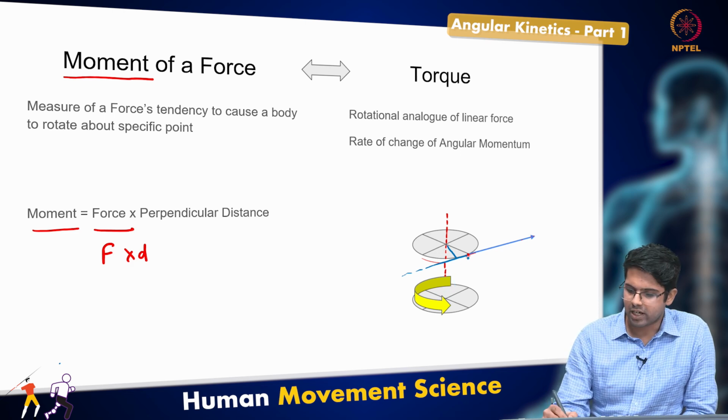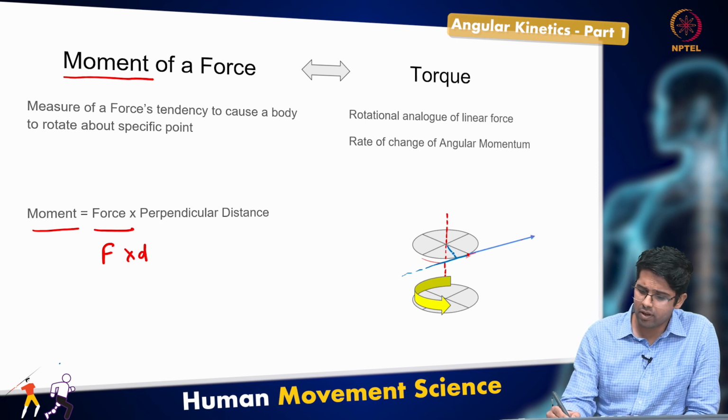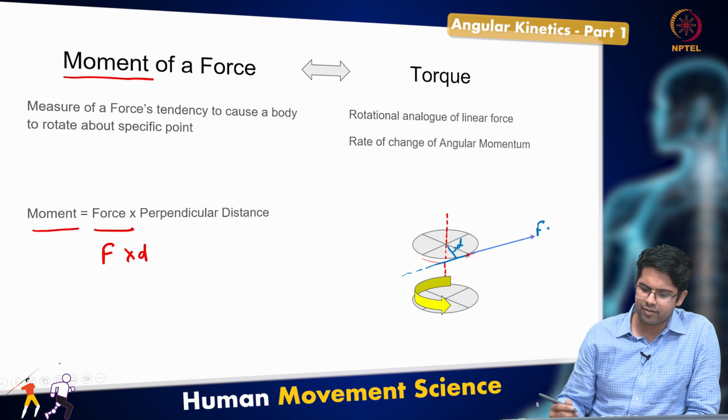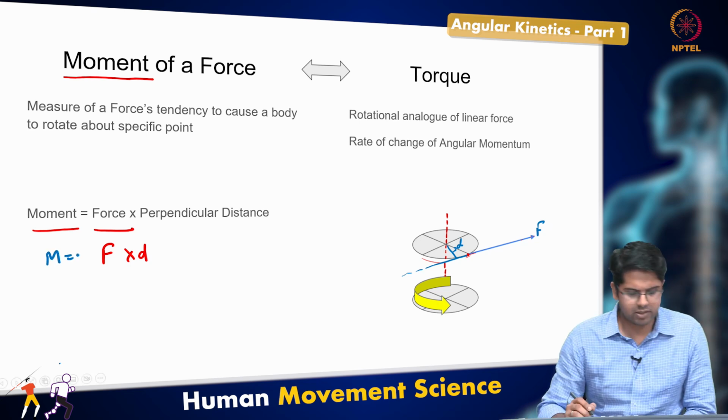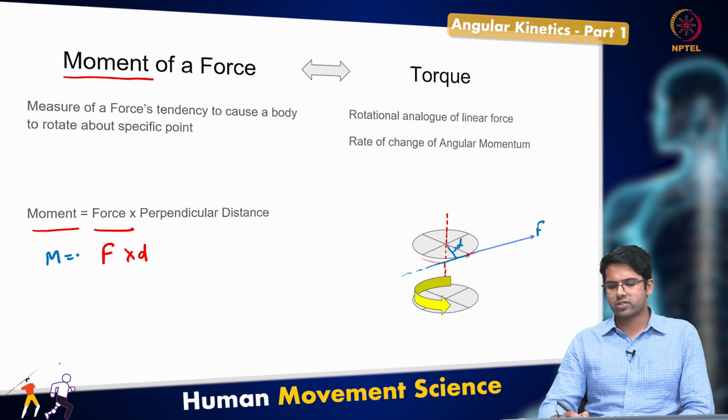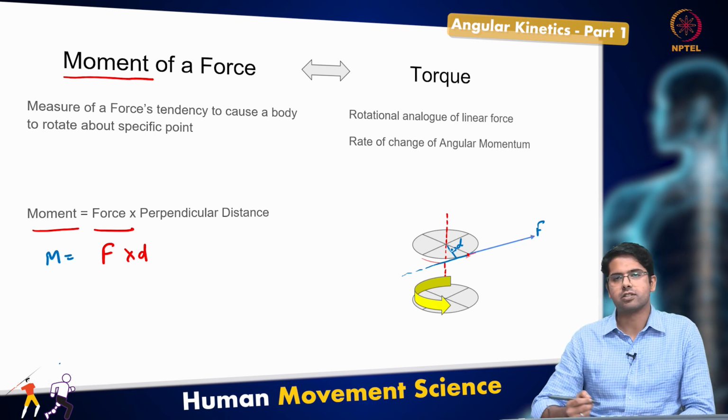Remember that all of this is in one single plane, right? So this force is acting in this plane, and this axis of rotation is perpendicular to this plane. So this distance is d, and this is the force F. So the moment of this force is force times the perpendicular distance.